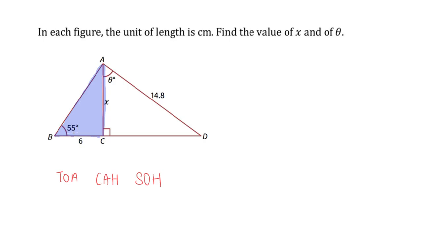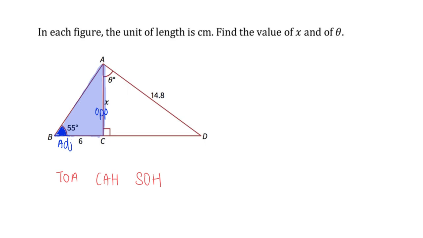My x will be the opposite side, O, with respect to angle 55 degrees. My 6 will be my adjacent side, since it makes the angle together with the hypo.